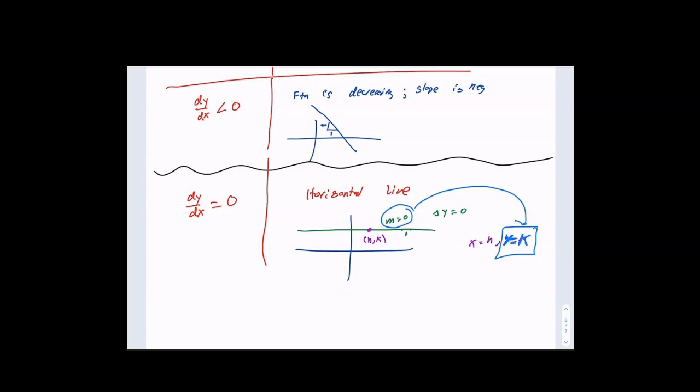Because no matter where you are on this line, y is always going to be equal to k, y is equal to k at every single point.